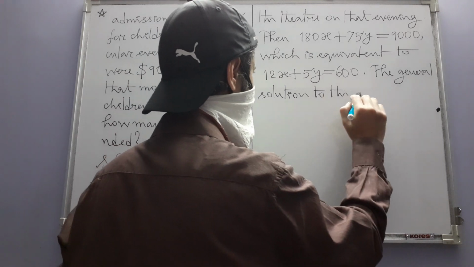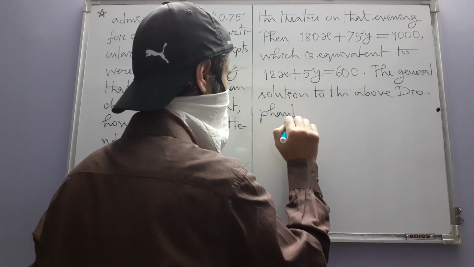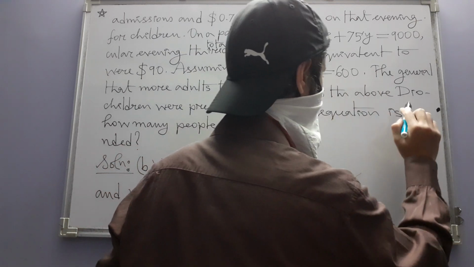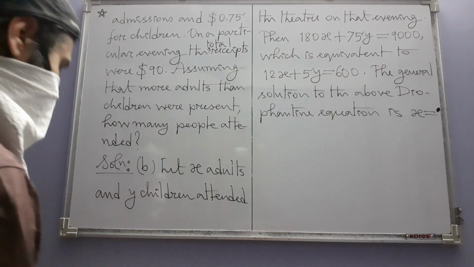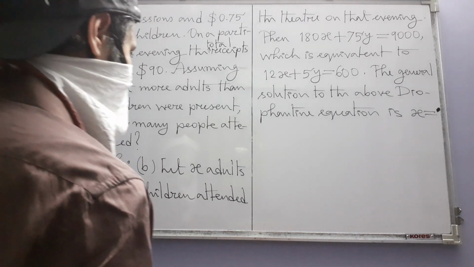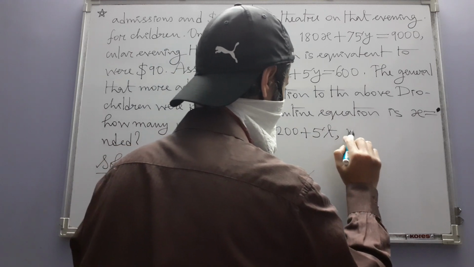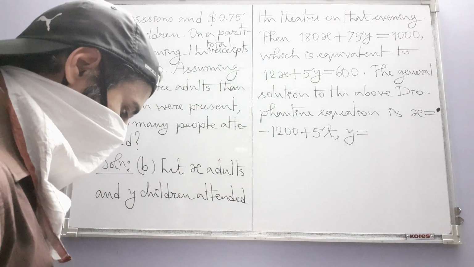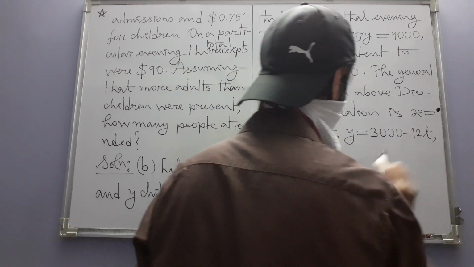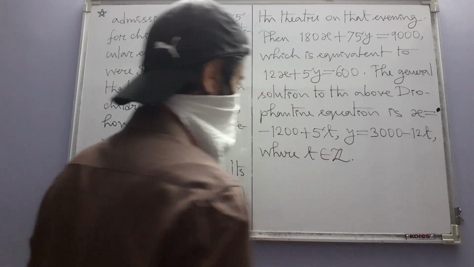to the above Diophantine equation is x equal to minus 1200 plus 5t and y is equal to 3000 minus 12t, where t is an integer.